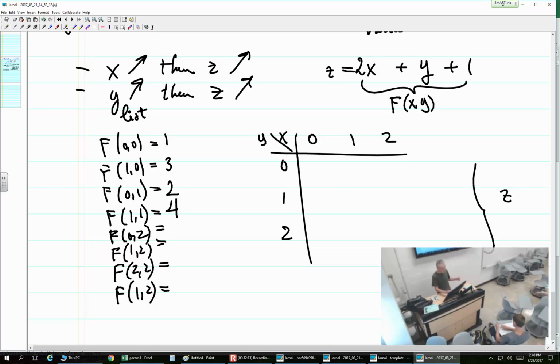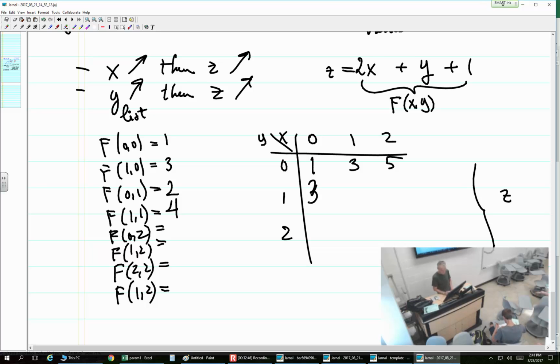Okay, so 0,0 is 1, 1,0 is 3, 2,0 is, I don't even have to look at the computations, look at the formula. So x is equal to 2, y is equal to 0, it gives me 5, right? Okay, and then if y is equal to 1, I have 4, is it? 4, no, 3.